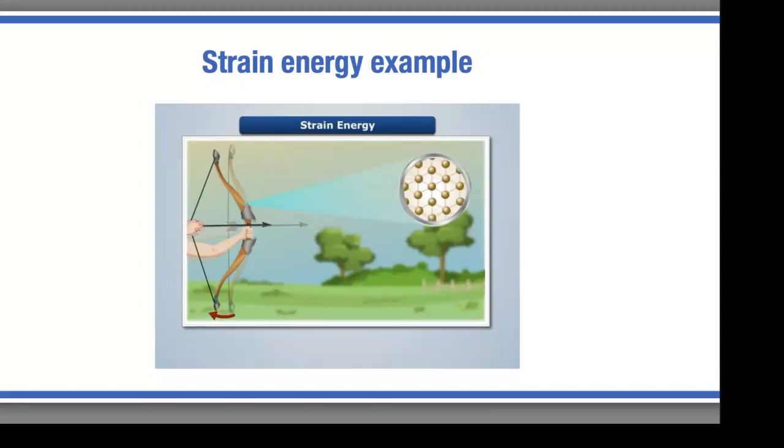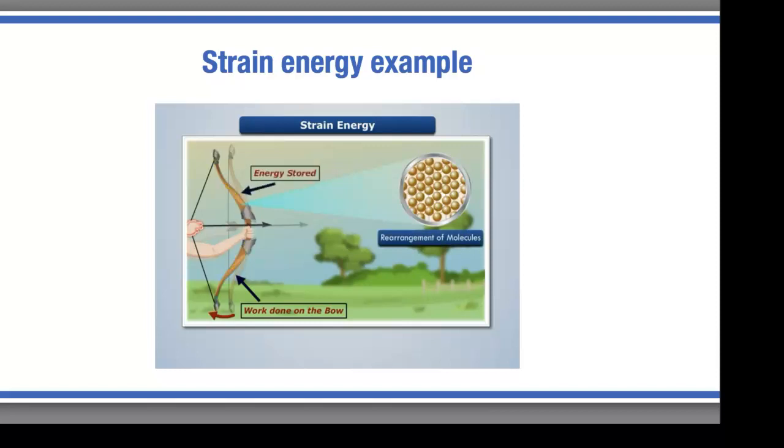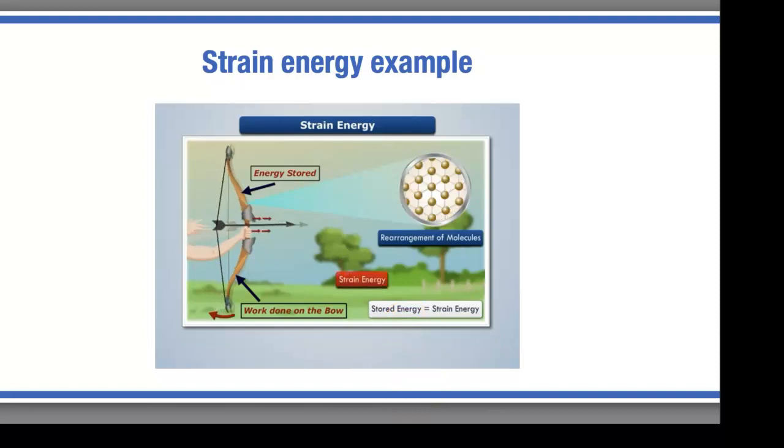This means that while pulling the string, some work is being done on the bow, due to which the molecules of the bow material get rearranged and store some energy. This stored energy is known as strain energy. Now, as we release the arrow, this strain energy gets transferred to the arrow in the form of kinetic energy, due to which the arrow propels.